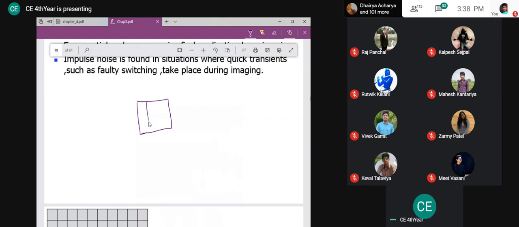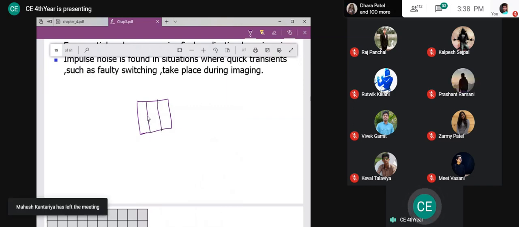Here, I want to synthesize one image. This area is dark gray, this area is white, and this area is black. Assume the intensity of this is, say, 128. Assume the intensity of this is, let us have 200.